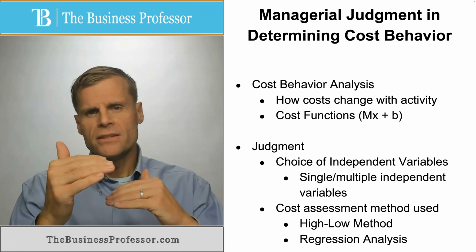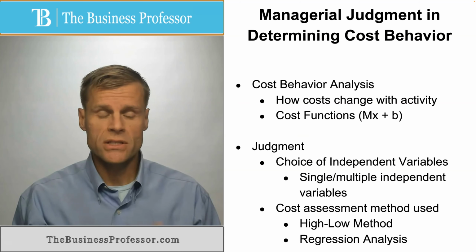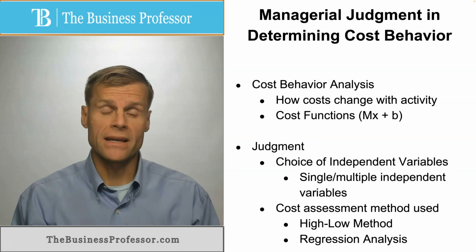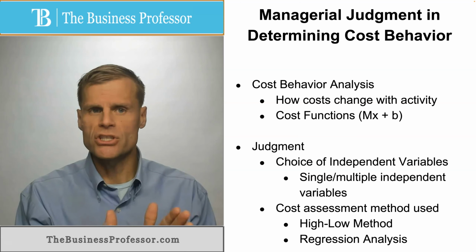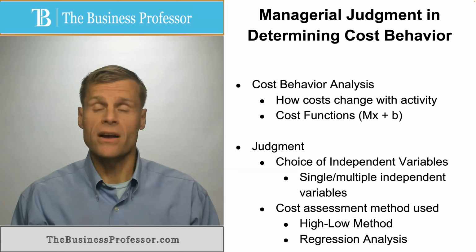So anyway, choosing the method for assessing the cost changes, again, is a subject of management discretion and decision making. So that is generally how management judgment relates to a cost behavior analysis or determining cost behavior.